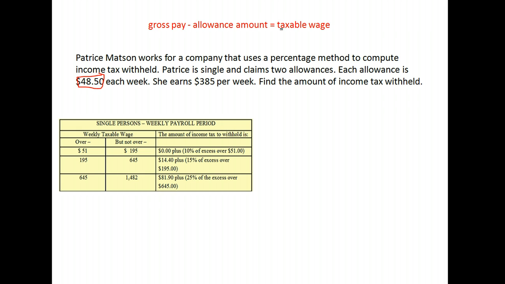Well, first we have to find out what is her taxable wage. What can she actually be taxed on? So we have to take her earnings of $385 and subtract her allowance amount. She had 2 allowances of $48.50 each. So let's first figure out what her allowances were. We take the $48.50 times 2.